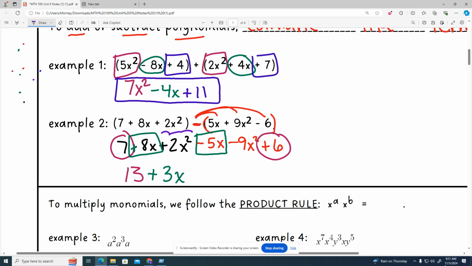Then lastly, we have 2x squared minus 9x squared. So 2 minus 9 is negative 7x squared. Okay?